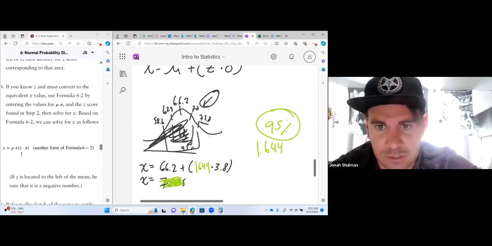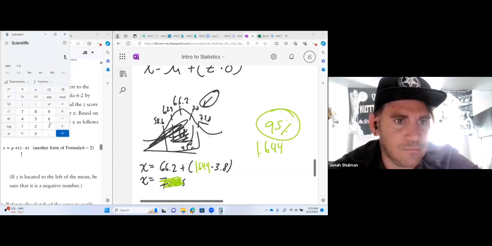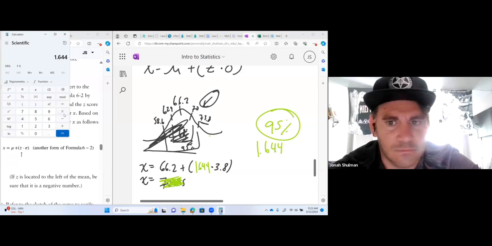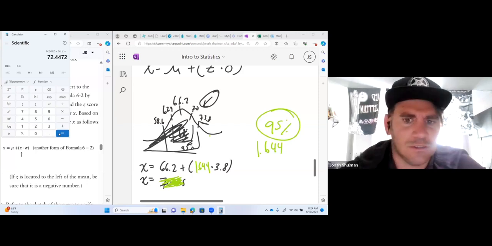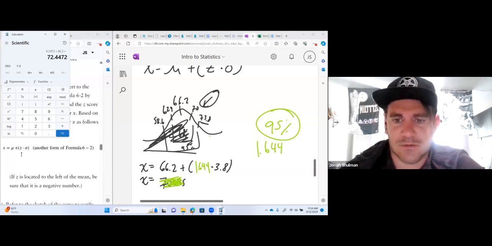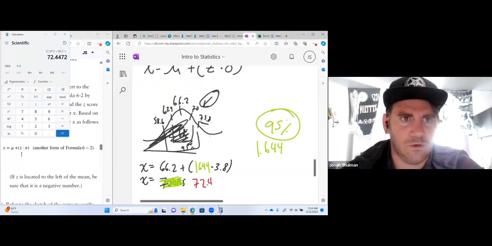And maybe this will give me the right answer that I think we need. All right, I got 6.2472 plus 66.2, 72.44. Let's see if this is the right answer. 72.447.